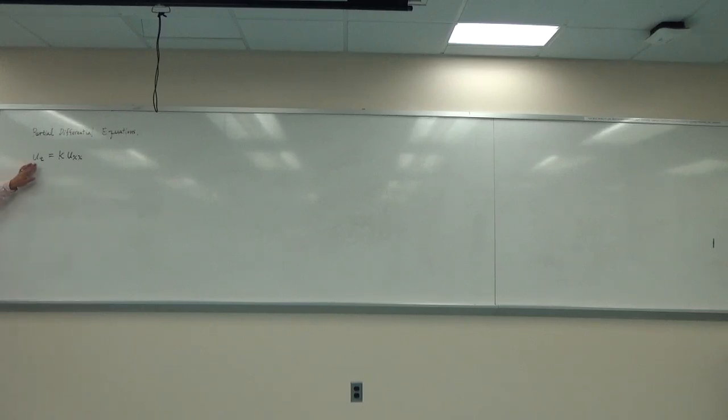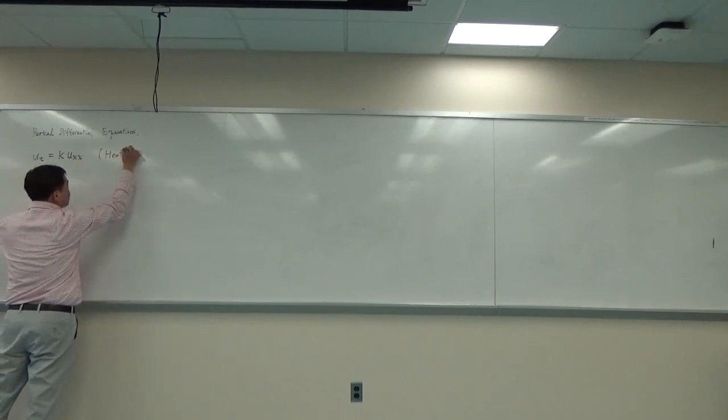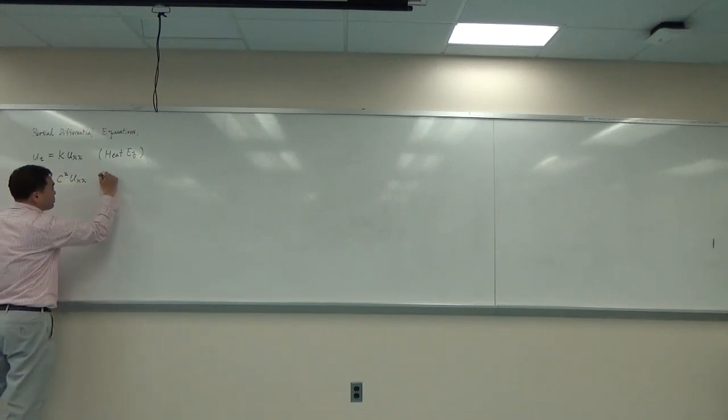Here u is a function of t and x, and you're taking the partial derivative with respect to t and the second partial with respect to x, and k is some constant. This equation has the name heat equation. Another one is u_tt equals c squared u_xx, and that one's called the wave equation.